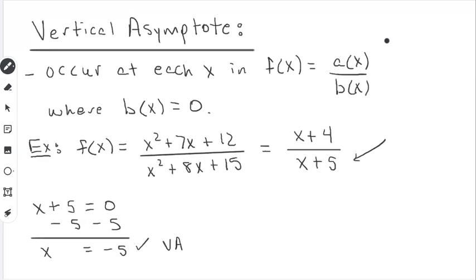Okay. Let's talk about the next type of asymptote that you'll see in this course, and that's going to be the horizontal asymptotes, right? So we did horizontal asymptotes back when we talked about exponential functions. And we know that exponential functions have these things called horizontal asymptotes, but we also know that reciprocal functions, which are basically rational functions in disguise, they also have horizontal asymptotes.